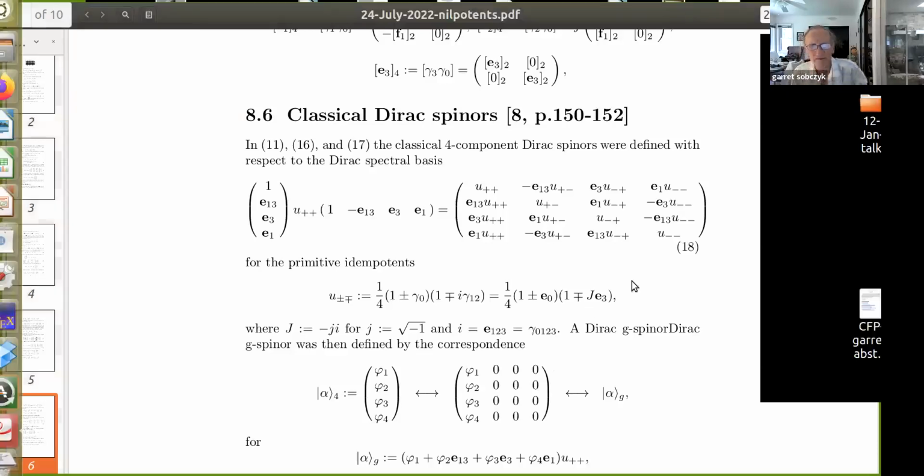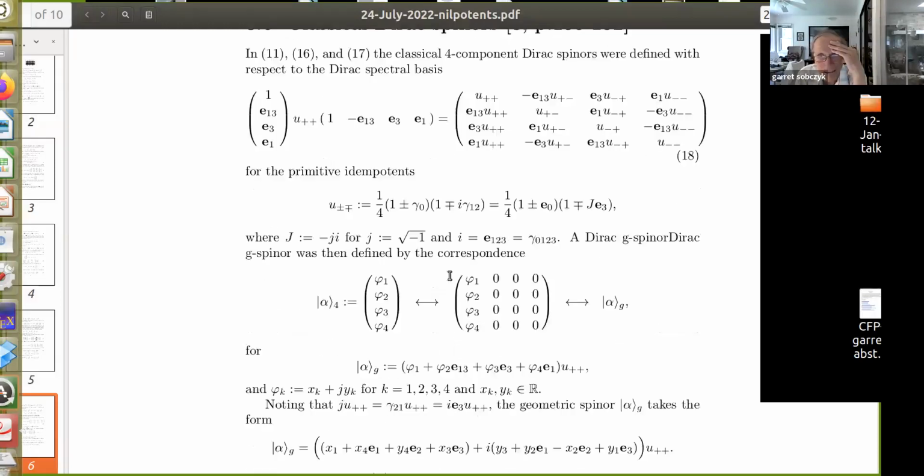Okay, well, let me, classical Dirac spinors. I give a page reference. Again, this basic idea. Well, now you can identify a Dirac spinor by a column matrix, psi 1, psi 2, psi 3, psi 4.